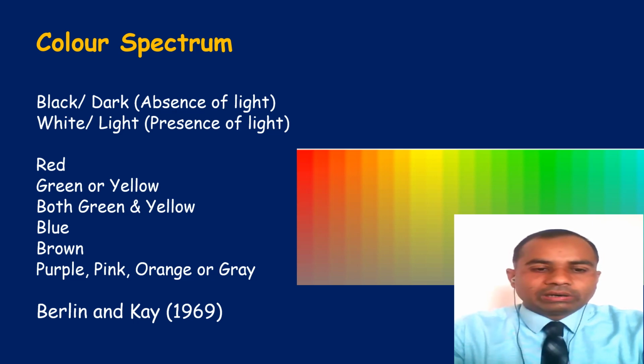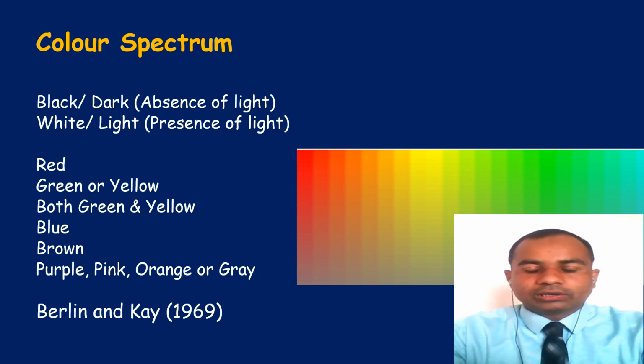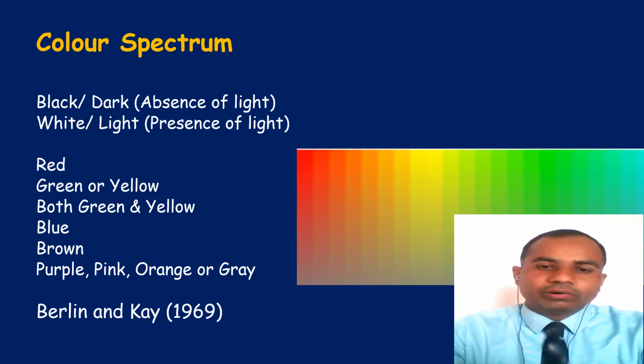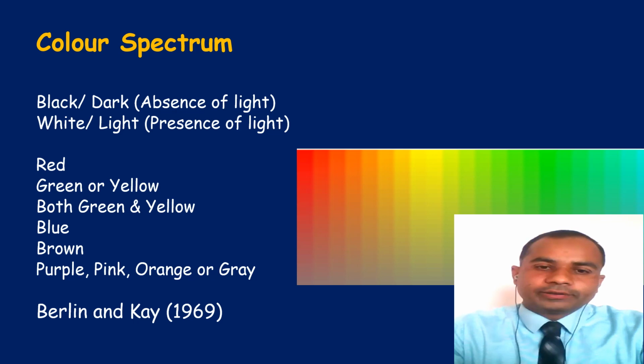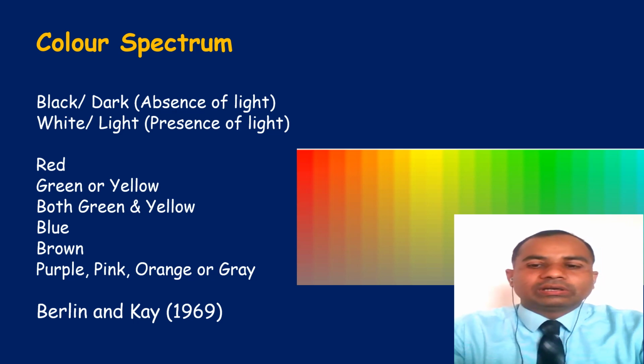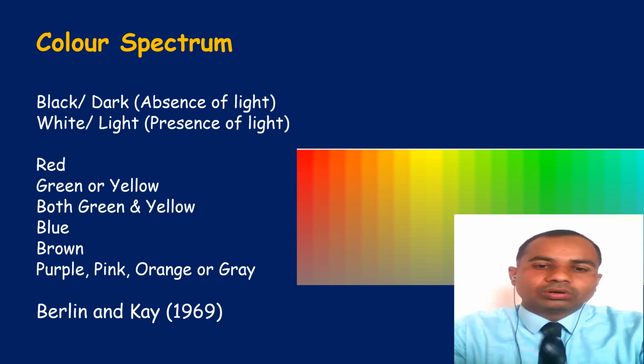For example, Berlin and Kay in 1969 did research on color terms, where they revealed that every culture, every community of people has a different kind of perception or cognition about colors. What the basic colors in a particular community are depends on the worldview or perception of that community.